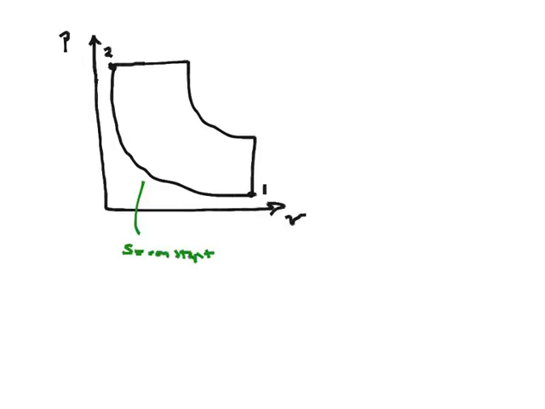Okay. Then we have from 2 to 3 up here. That's our isobaric heat addition. So this guy, isobaric. Then we go from 3 to 4. Here's 4.